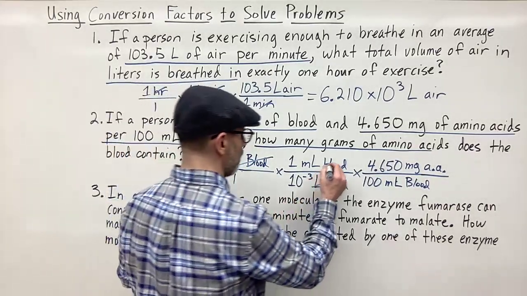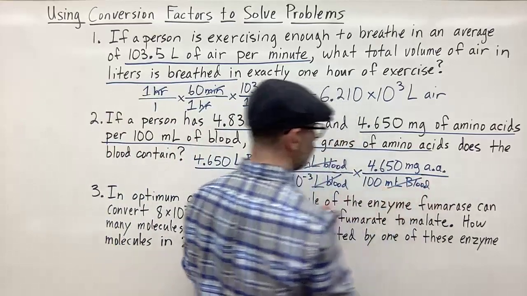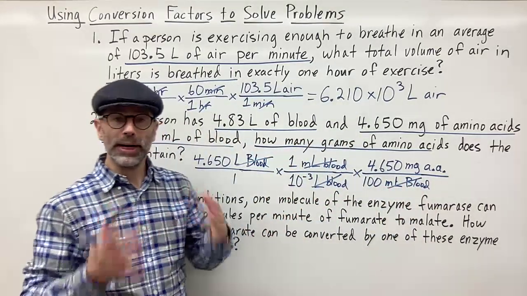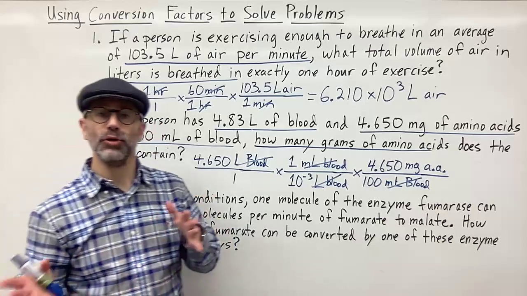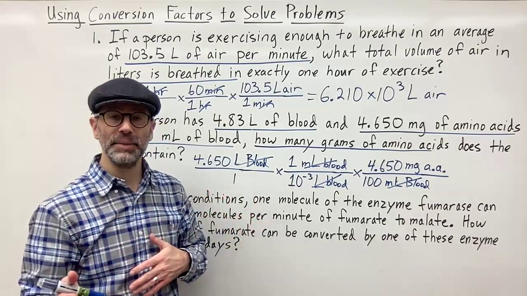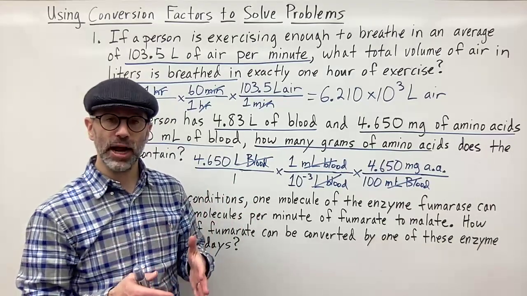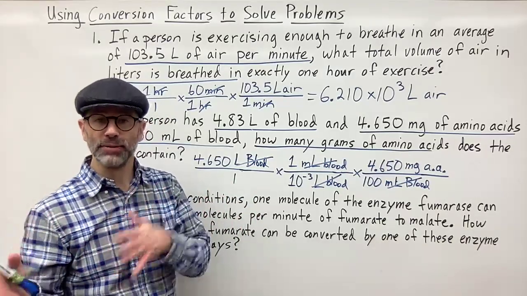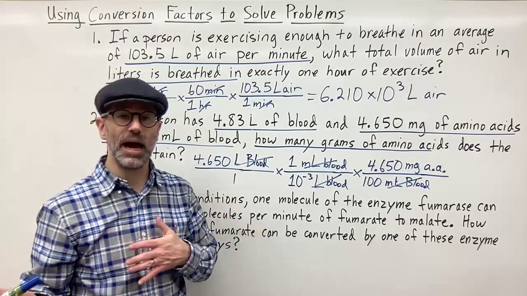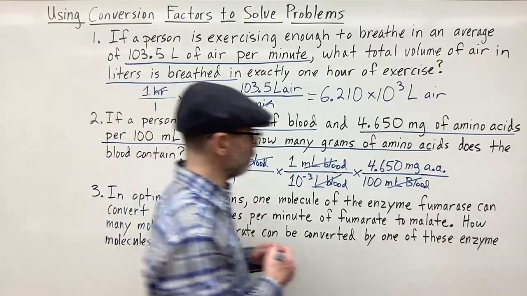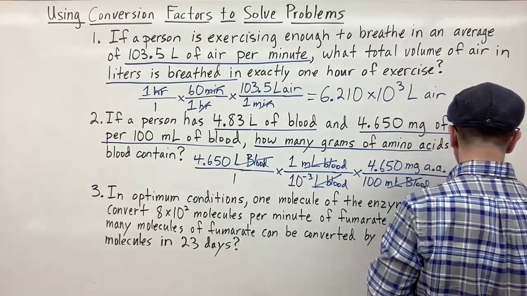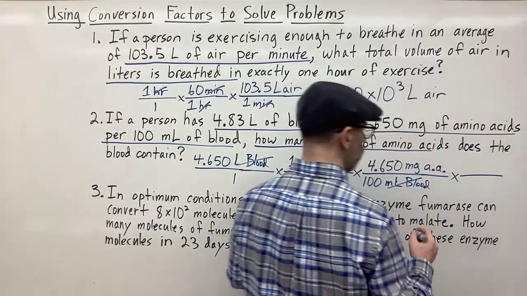Now that I have that, milliliters of blood will cancel out. I have milligrams. What are they asking for? Grams. So again, milli, right? I can relate milligrams and grams. So 1 milligram is 1/1000th of a gram, or 10 to the negative 3 grams. I could use that as a conversion factor, or you could say 1 gram is 1,000 milligrams. Either way is fine. I like going with 1 milligram because that's just the way I roll.